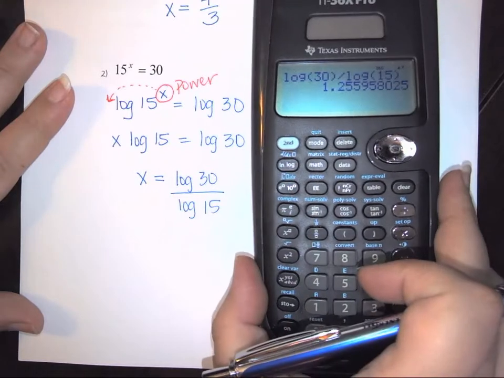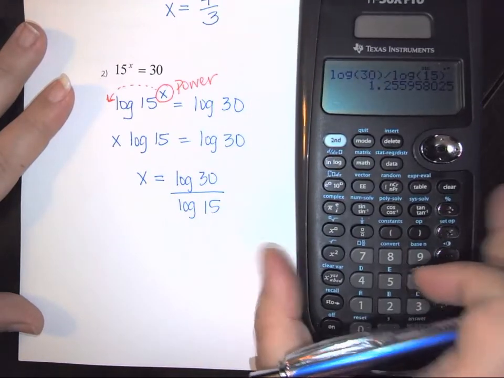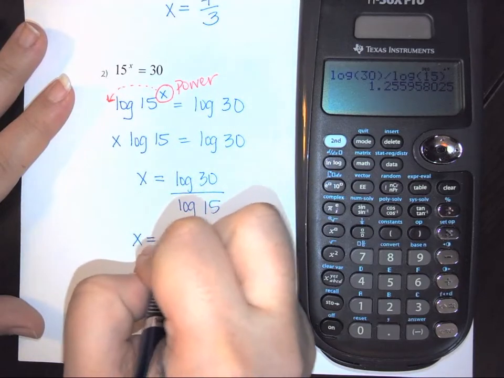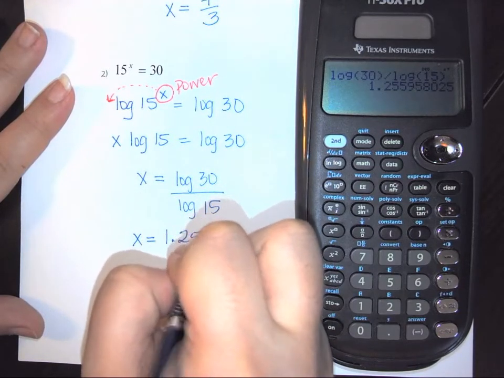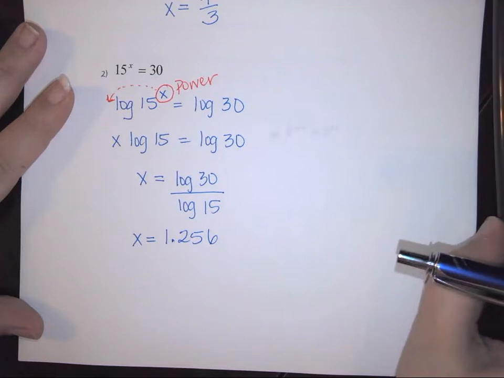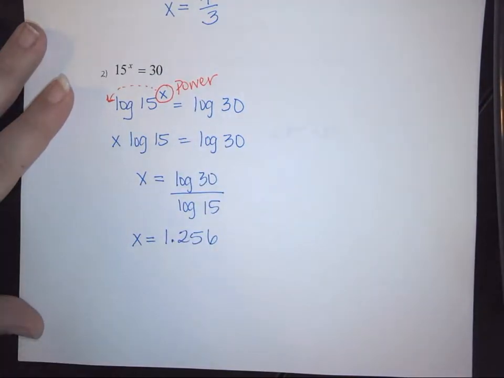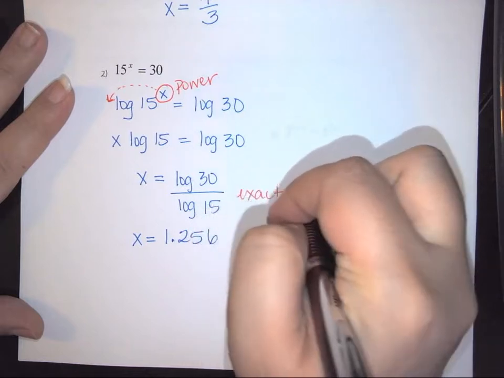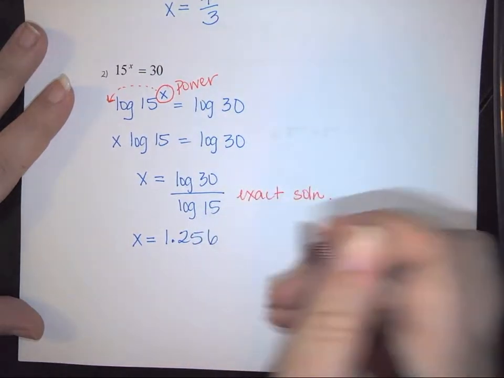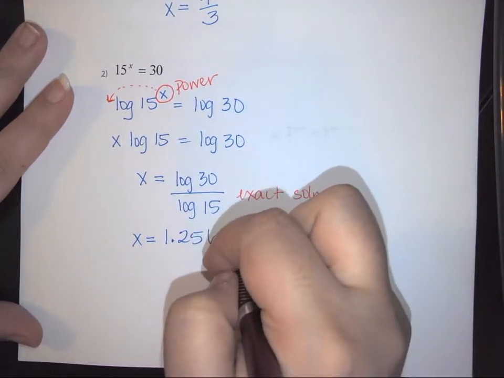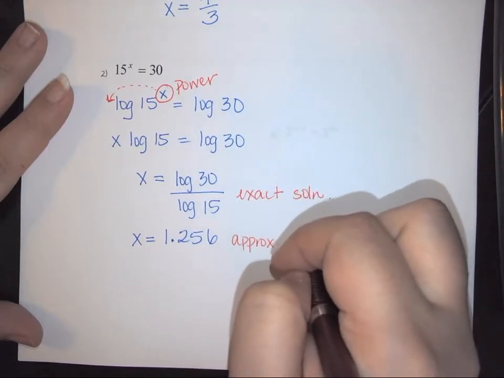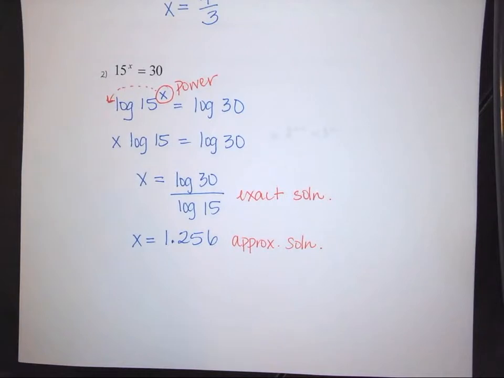And we have 1.256. So x is equal to 1.256. So this right here would be your exact solution, and here you have your approximate solution. Okay, so in this instance, we gave both.